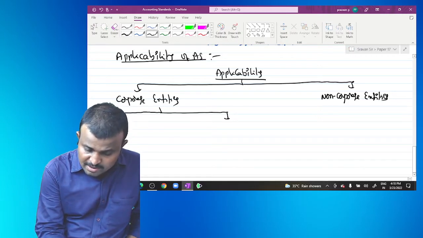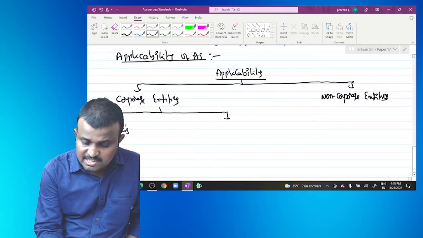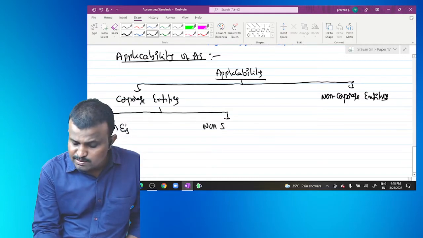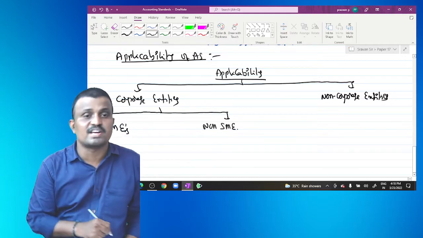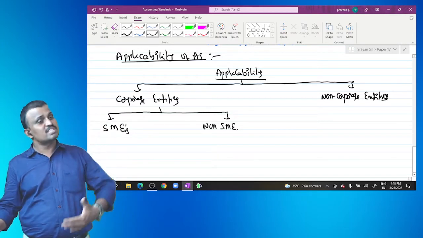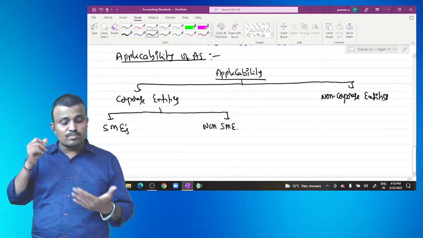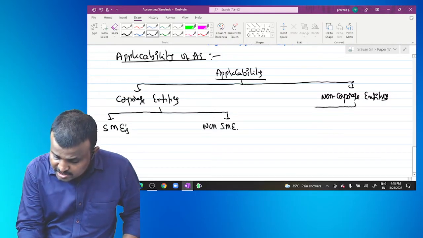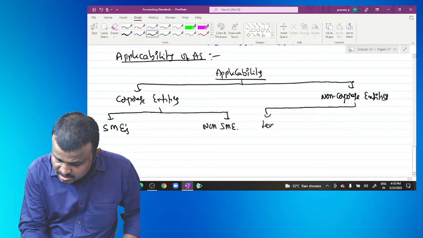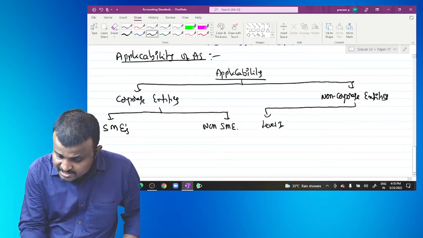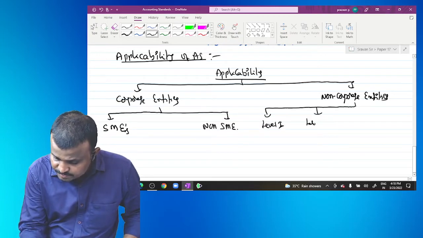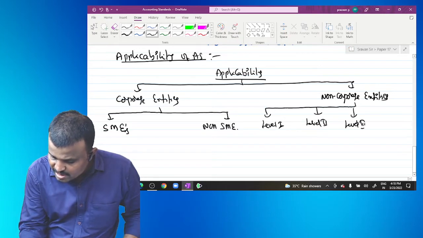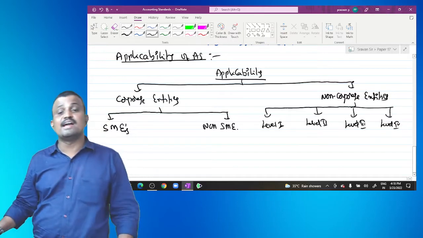Small and medium scale enterprises, SMEs, and non-small and medium scale enterprises. Coming to the non-corporate entities, those are classified into four categories: level 1 enterprises, level 2 enterprises, level 3 enterprises, and level 4 enterprises.